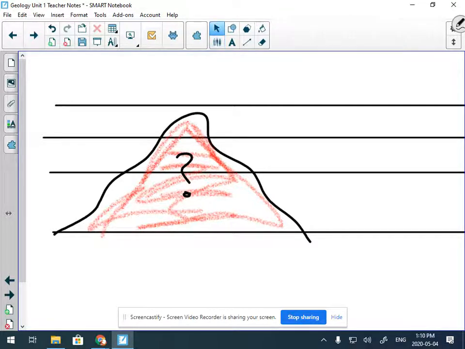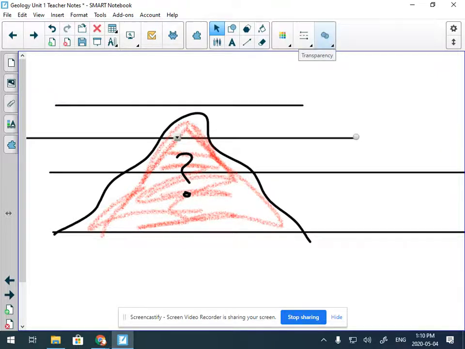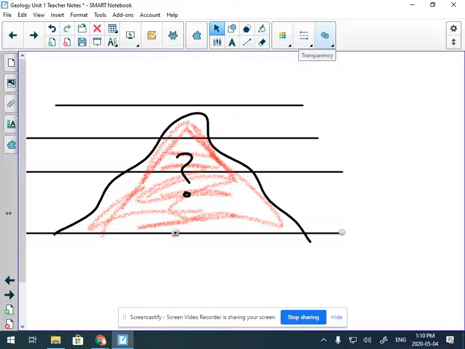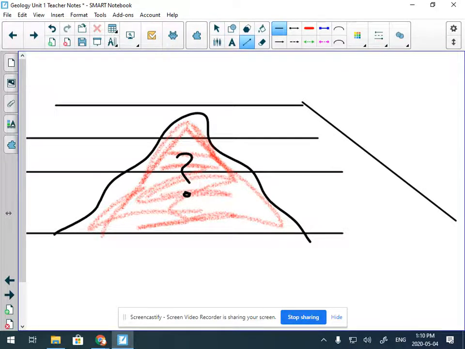Now, the other problem that could occur is, I'm just going to shorten these lines, you could have slippage or you could have tilting of the different strata. So maybe it's nice and straight over there, and then all of a sudden you have the plate tectonics moving it back down like this. And it gets way more complicated.